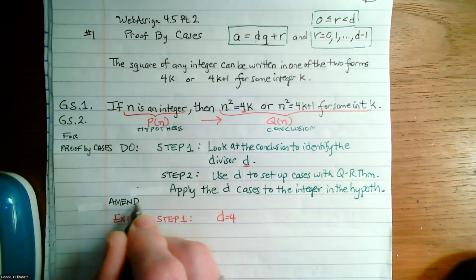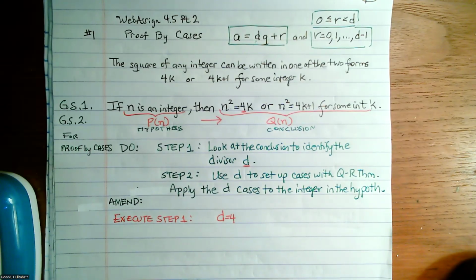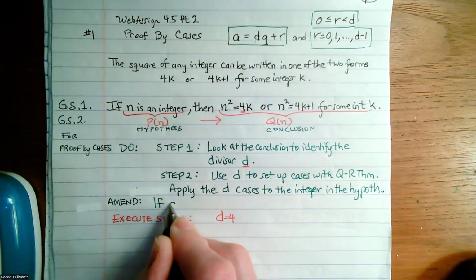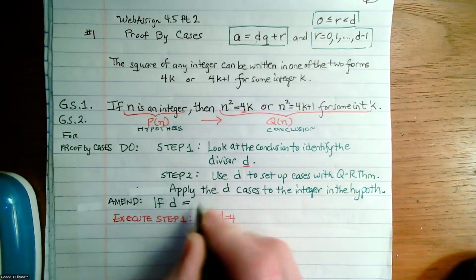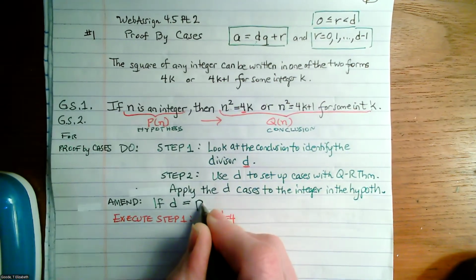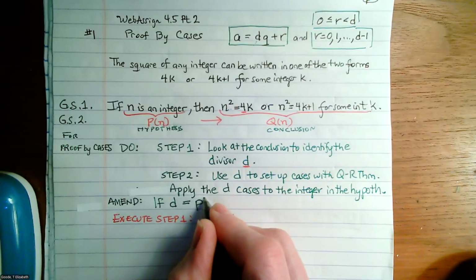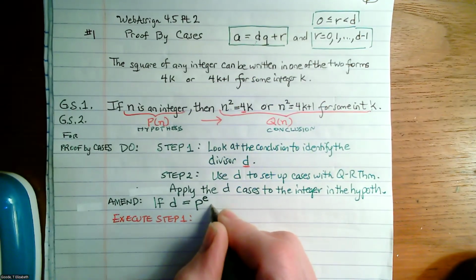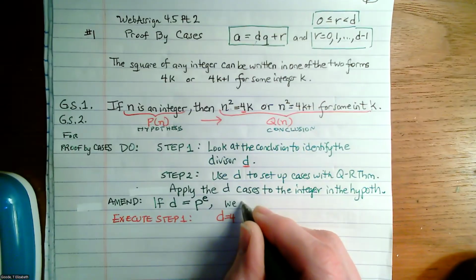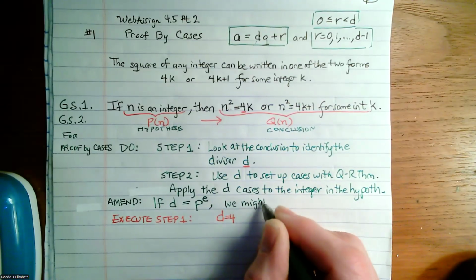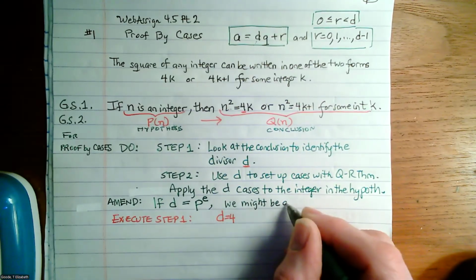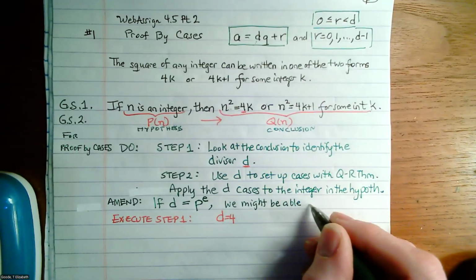But it turns out the amendment is, am I spelling amend correctly? Or does it have 2 M's? I think it's one. If D is some prime raised to some exponent, we might be able to use P cases.